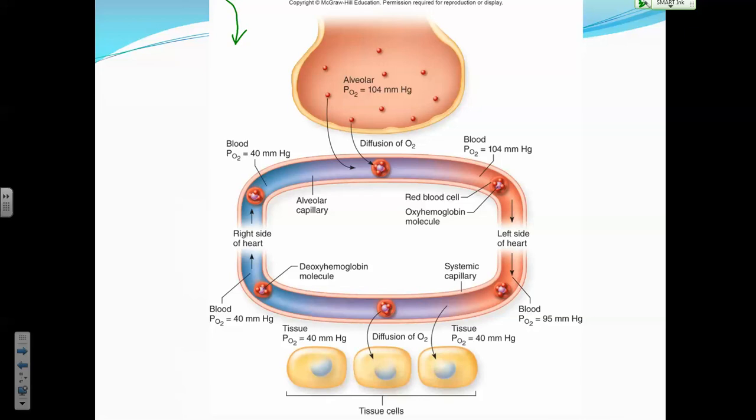You just need to know that at the tissue level, the reason oxygen moves out of the blood is because its partial pressure is greater in the blood than it is in the tissues, right? And the reason CO2 moves into the blood from the tissues is because the partial pressure of CO2 is greater in the tissues than it is in the blood. So it moves in. Just make sure you know those.